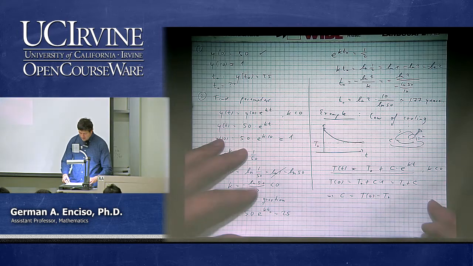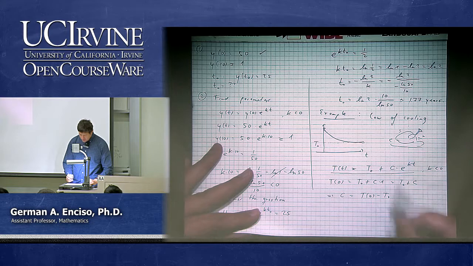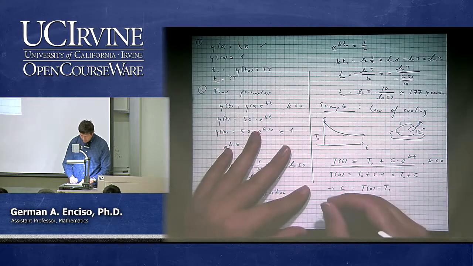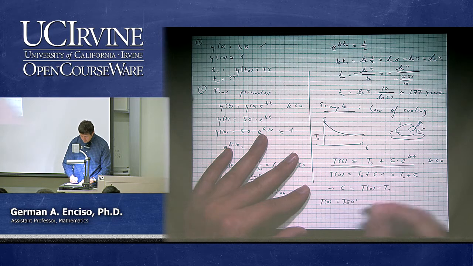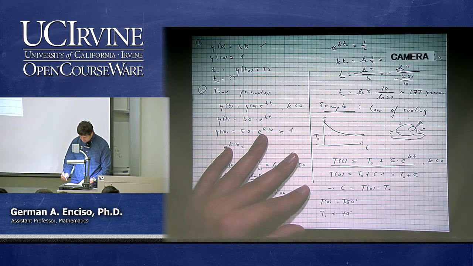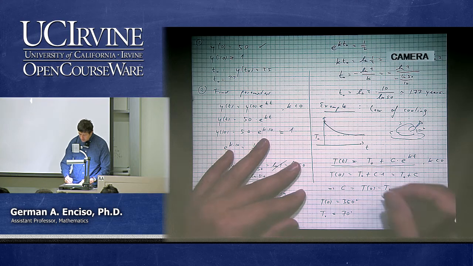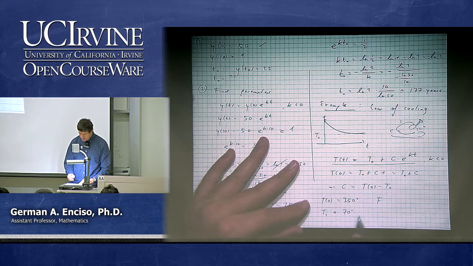So if you were given something like the temperature at time 0, let's say 350 degrees, and the room temperature T0 equal to, let's say, 70 degrees, you need a piece of information additionally.